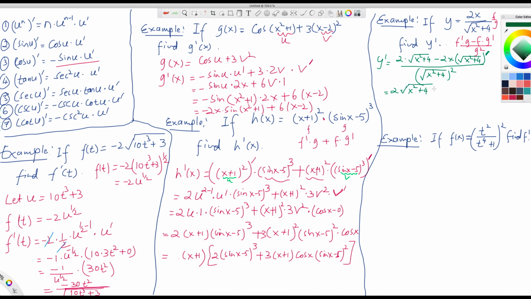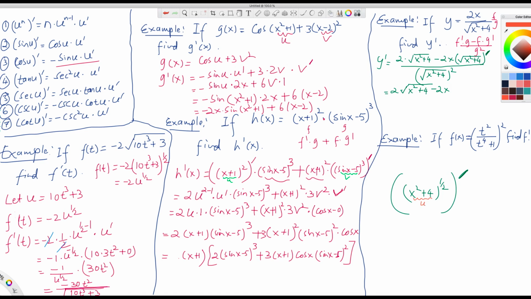Alright? Minus 2x. What is the derivative of that? So let me show you how to find out the derivative of that, the root x squared plus 4. Okay? So there is x squared plus 4 to the 1/2, and you are finding the derivative of that. You can think of the inside the parenthesis as u, so it is like u to the 1/2, right?